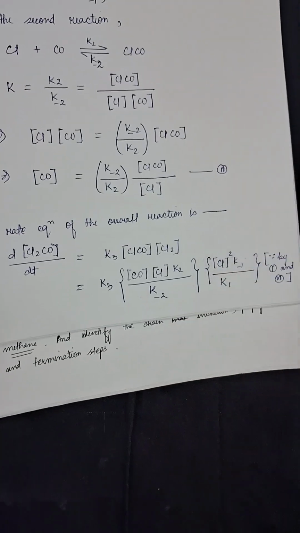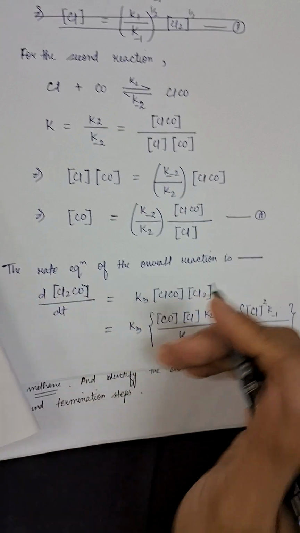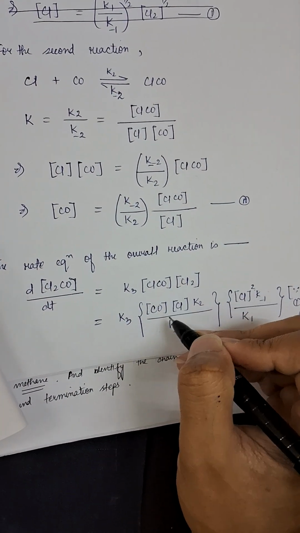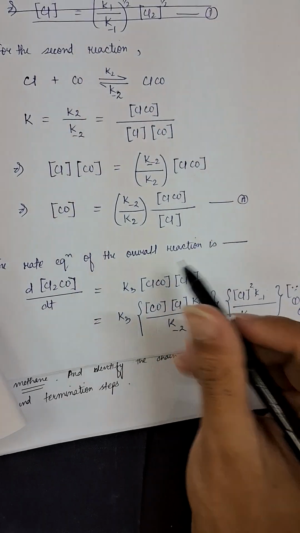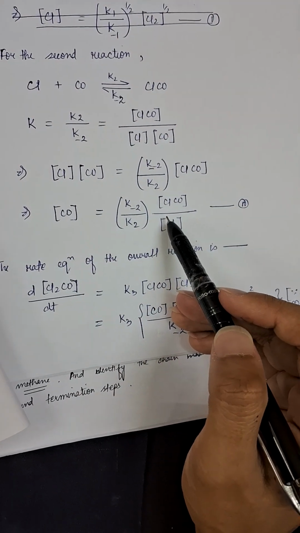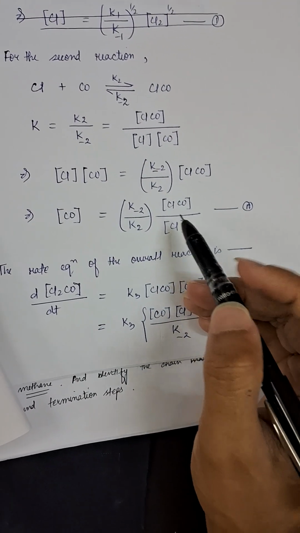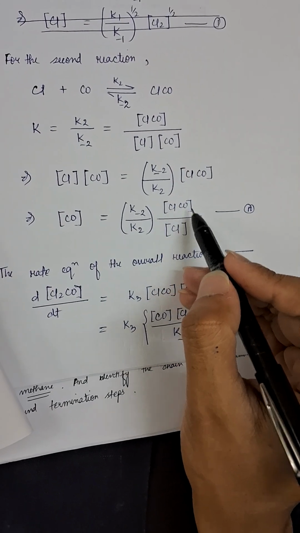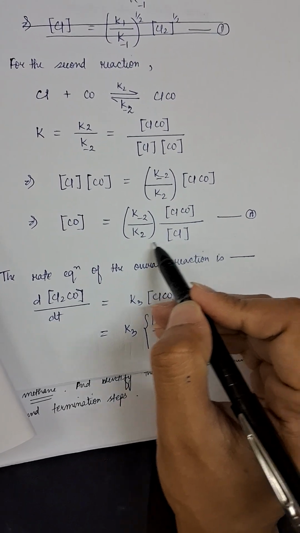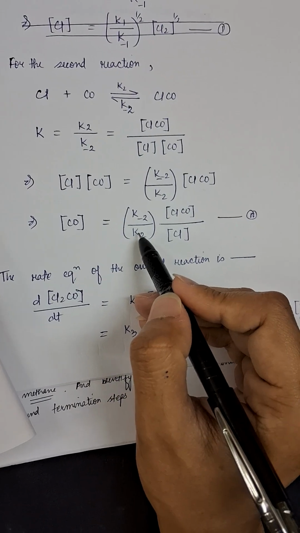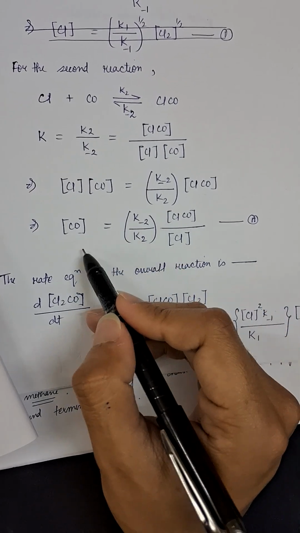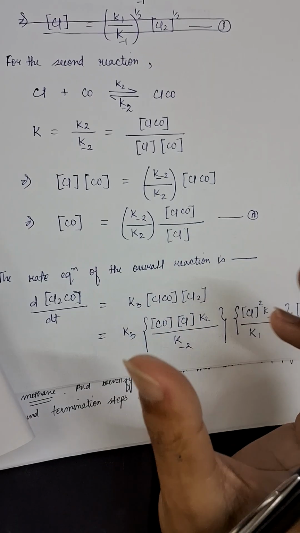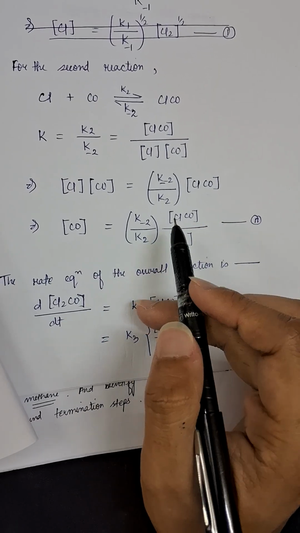Now there comes the part where you didn't understand. K3 ClCO, I took this ClCO from this equation and right here, see this equation I got. If I keep this ClCO this side, I transfer this Cl this side, K2 this side, K negative 2 this side, and keep only ClCO, then I got the formula for ClCO now.